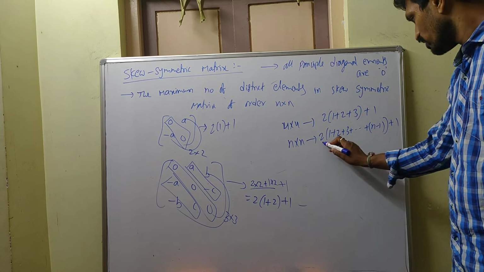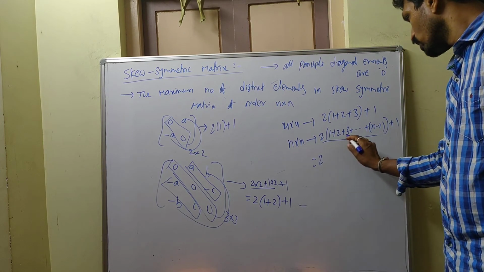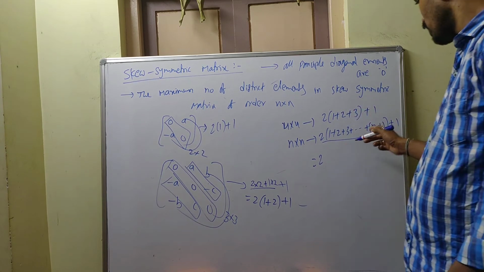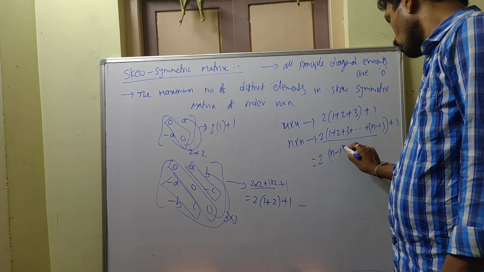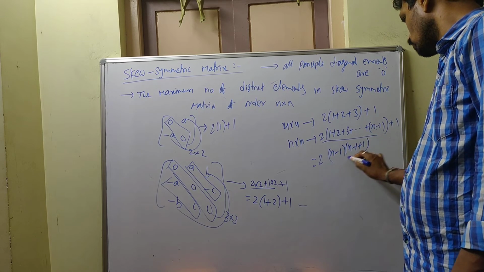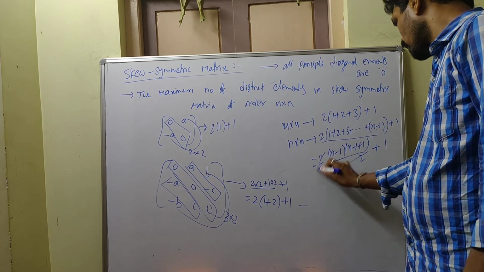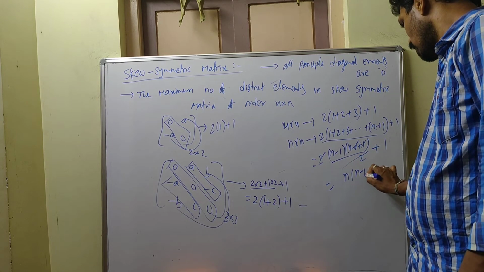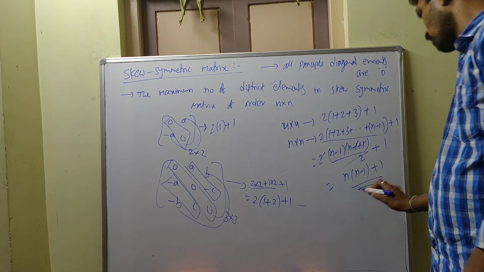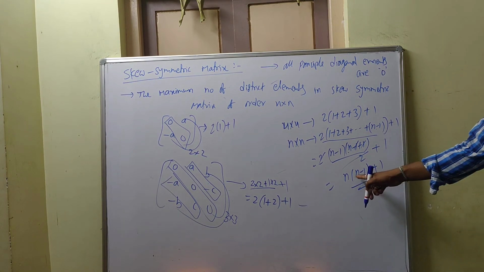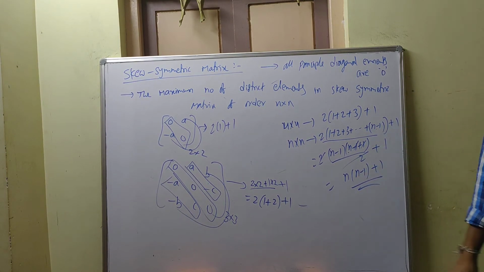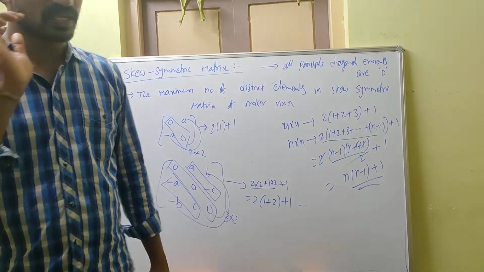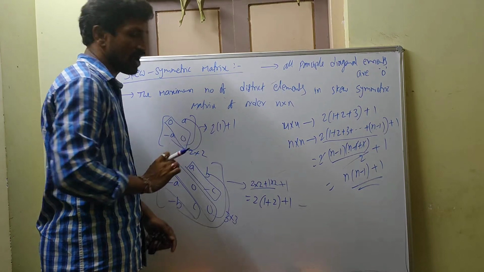To simplify this, sum of first n minus 1 natural numbers is n minus 1 into n by 2, plus 1. The 2 gets cancelled, so n into n minus 1 plus 1. This is our required answer. In other words, n square minus n plus 1. This is the general formula for the maximum number of distinct entries in the skew symmetric matrix.